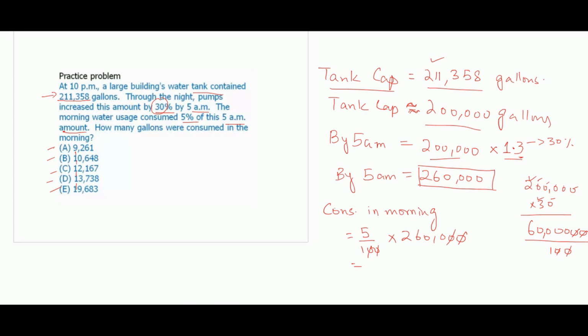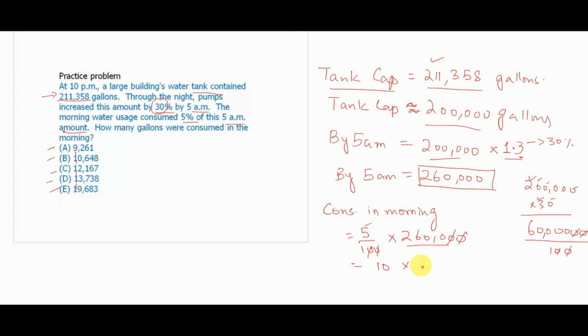One easy way to solve 5 multiplied by 2600 is the method of doubling and halving. You can double the number 5. What is 2 times 5? That is 10. And what is half of 2600?